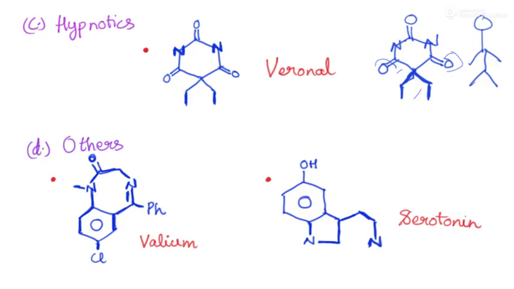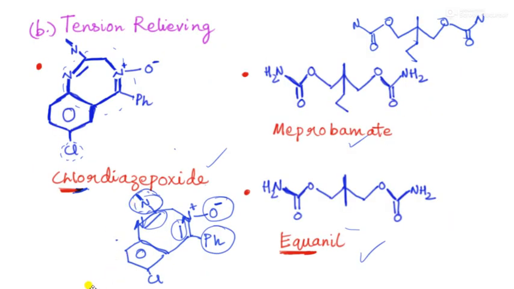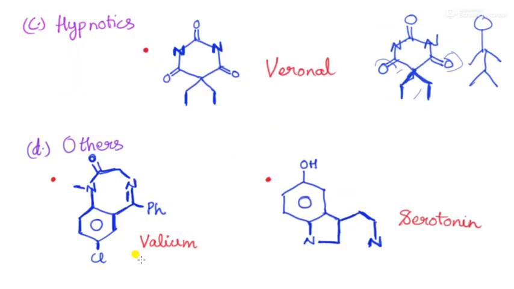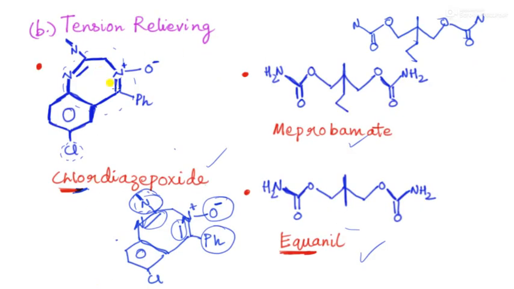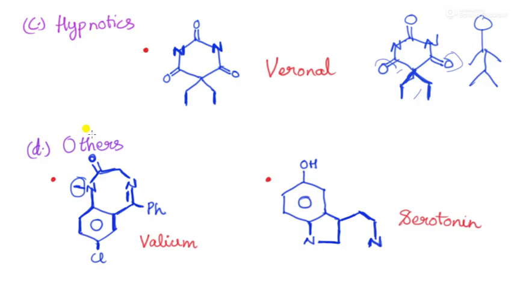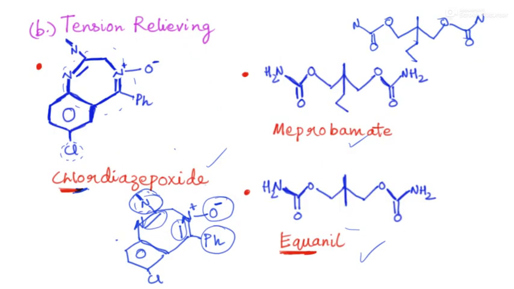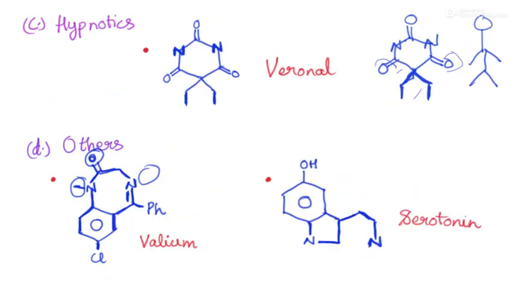Now coming to valium, its structure is very similar to chlordiazepoxide. So here what varies is this part. Actually here also double bond phenyl group is there. The thing that varies from that structure and this structure is here. Here you have an oxygen connected, but for this nitrogen you don't have an oxygen connected.